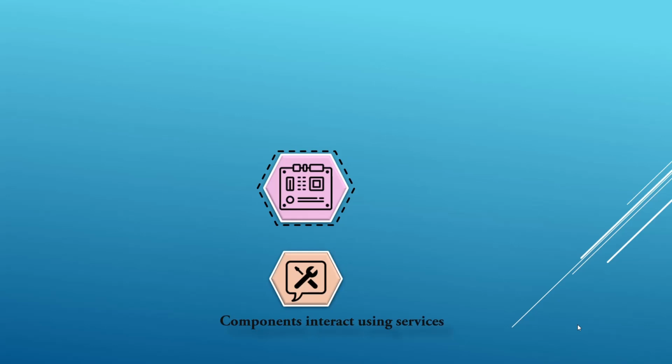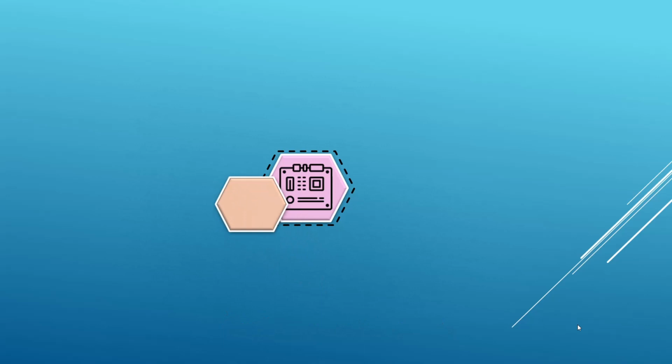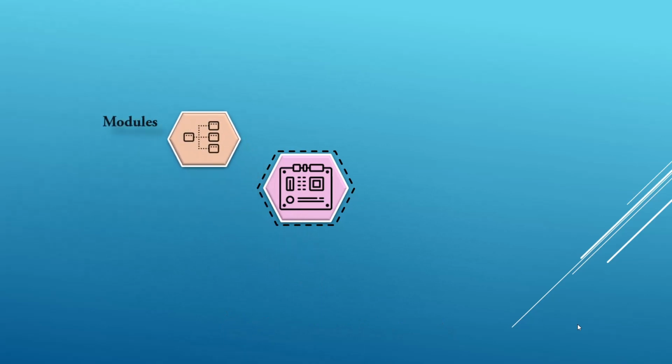Let's say you have two components, component A and component B, and now you need to communicate, meaning any data you need to give to component C or D. Then you can use these services, and you can inject these services in any of the components. And you can also create modules. Let's say you have multiple components, so you can divide them into modules. So this is the architecture of Angular.